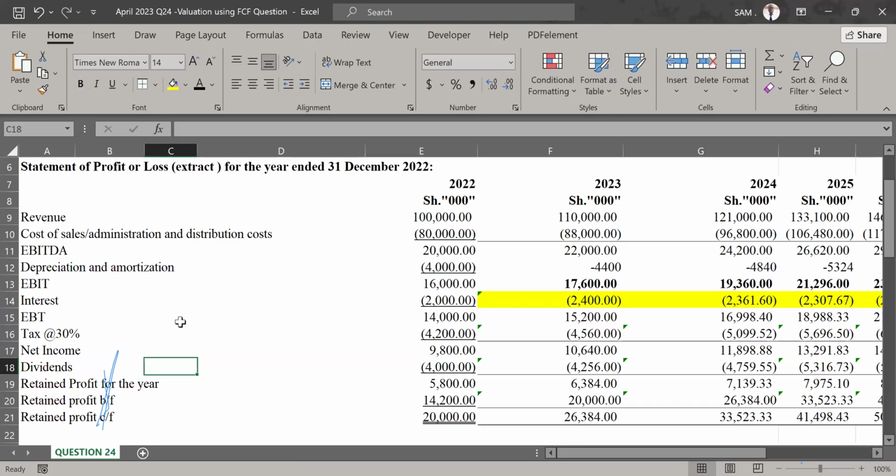Good. Now, when you are using a free cash flows method, I want you to look at how we compute free cash flows. Let me not even bring the word free first. Let me talk about the cash flow statement. In a cash flow statement, we normally start from profit before tax.